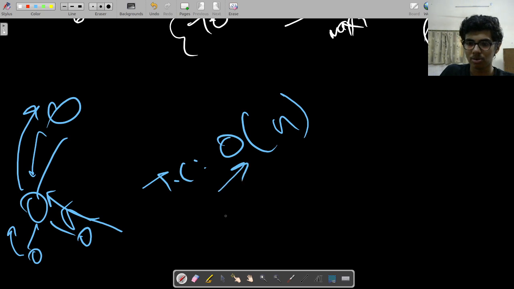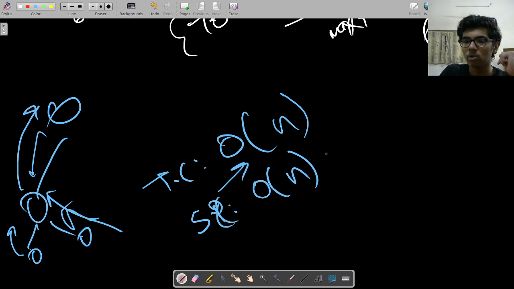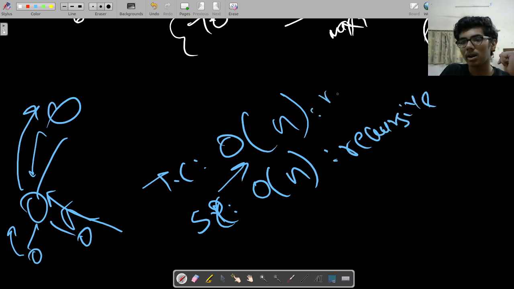So the recursion is done in O(n), and if I talk about the space complexity, it is also O(n) because I am using the recursive approach.